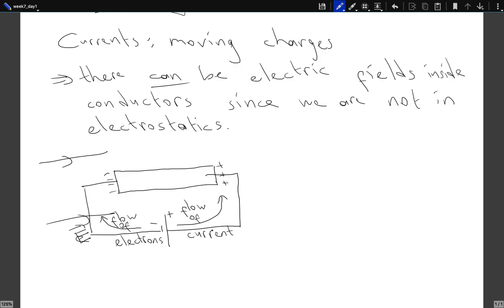Now, the reason for this confusion is basically because when we first discovered currents, we didn't know about the electrons. We didn't know about the positive charges. We didn't know about the negative charges. So we just assumed that it was the positive charges that were moving around. And then when we discovered the electrons, we also discovered that the electron is negatively charged. So the flow of the electrons is basically the opposite to the direction of the current.